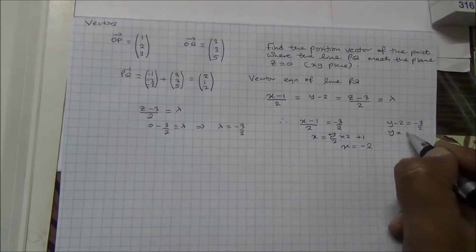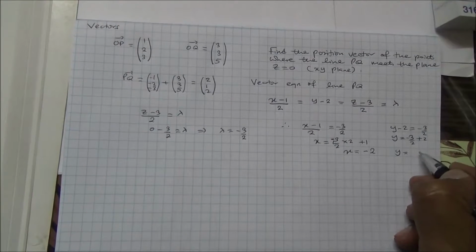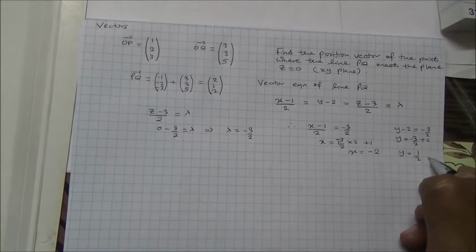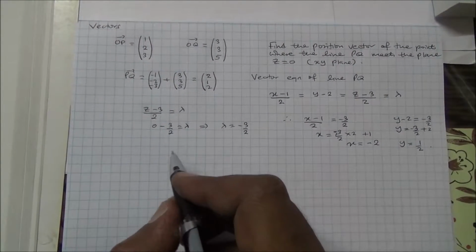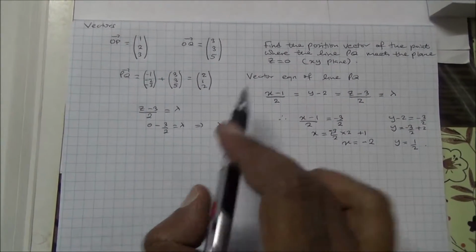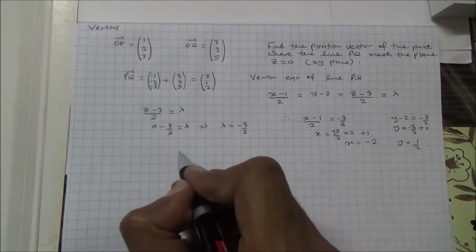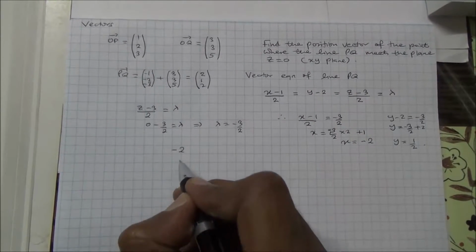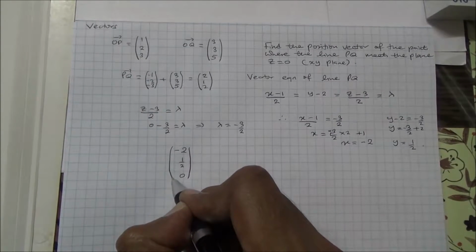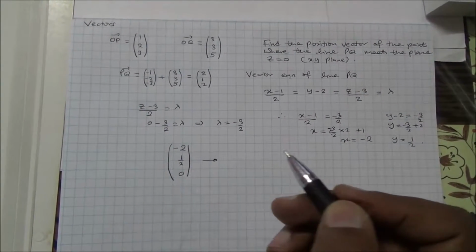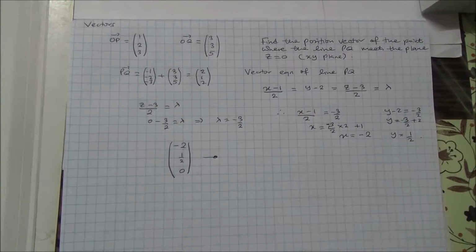So y is going to be minus 3 over 2 plus 2, and therefore y is going to be 1 over 2. Therefore the position vector of the point where it touches the z equals 0 plane is (-2, 1/2, 0). So this is the position vector of the point where the line PQ intersects the xy plane. Here we are for the first part.